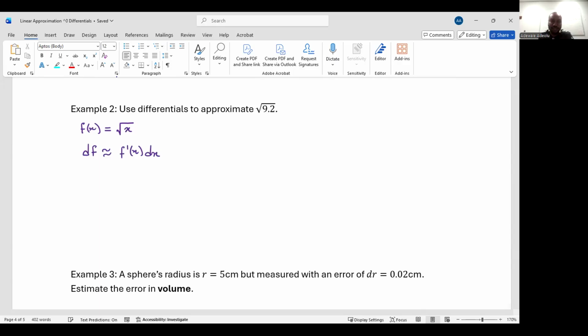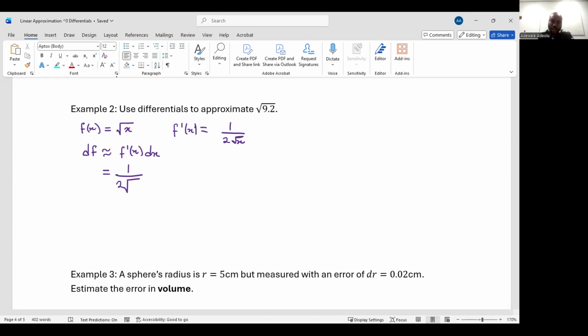That is what we are saying, right? Like we did earlier, f prime of x is 1 over 2 square root of x.